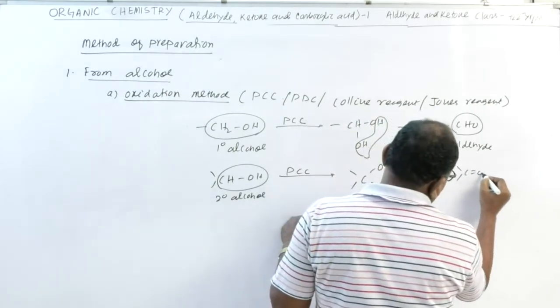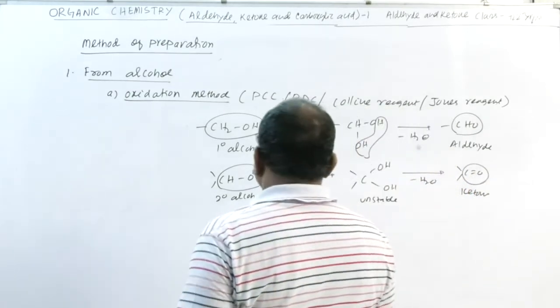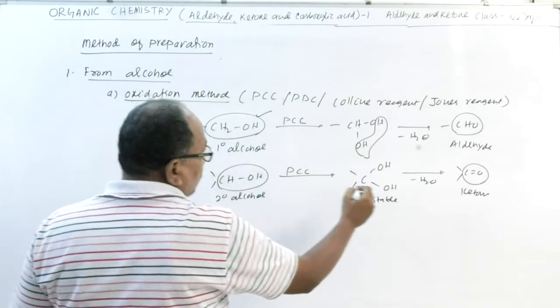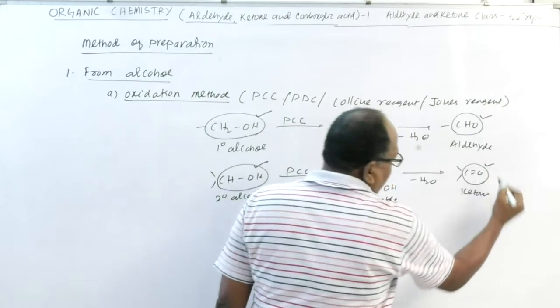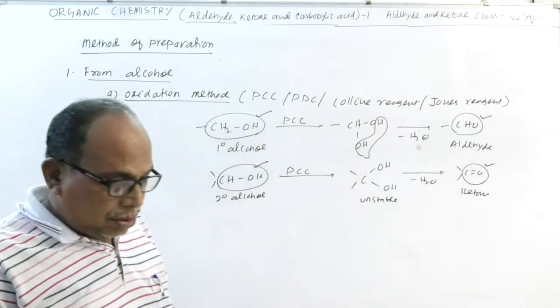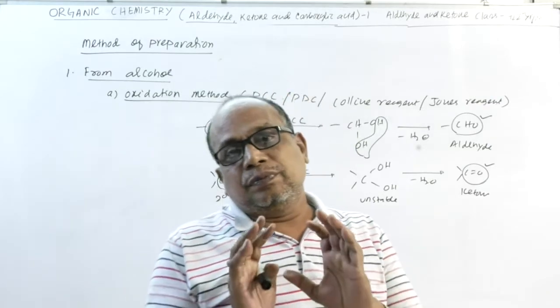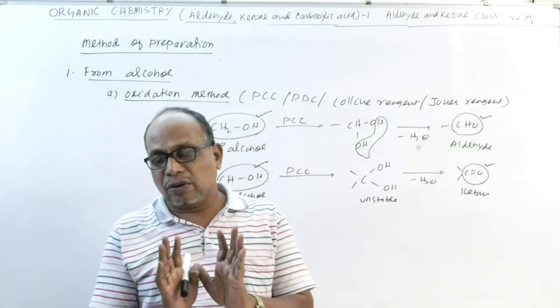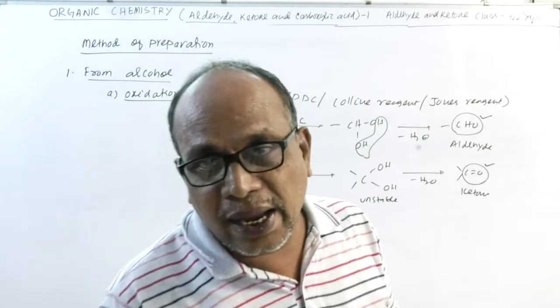This becomes a ketone. That is, the primary alcoholic group is oxidized to aldehyde and the secondary alcoholic group is oxidized to a ketone. So we can prepare aldehyde and ketone from alcohol. The primary alcohol is oxidized to give an aldehyde and the secondary alcohol gives a ketone.